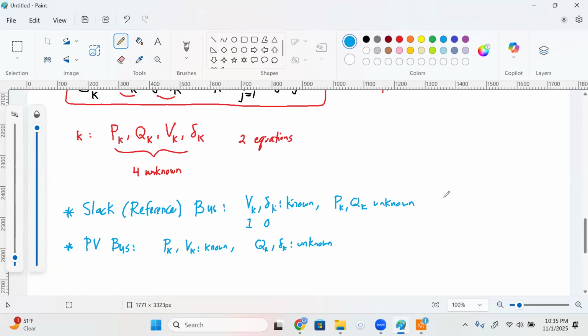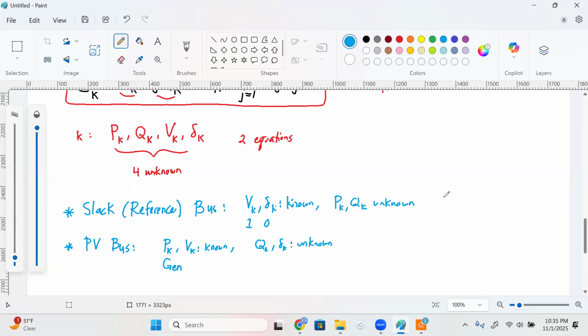This way I can make sure that I would have the same number of equations as unknowns. Now, a bus that can regulate the active power and the voltage magnitude is essentially a generator bus. So typically, one of the buses that has the largest generator would be considered to be the slack bus, and everybody else is going to be a PV bus.